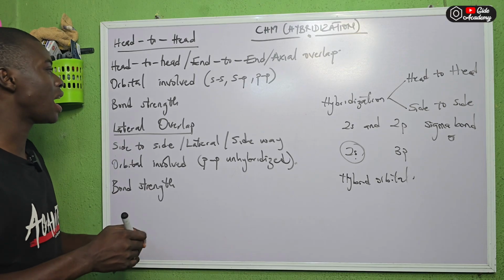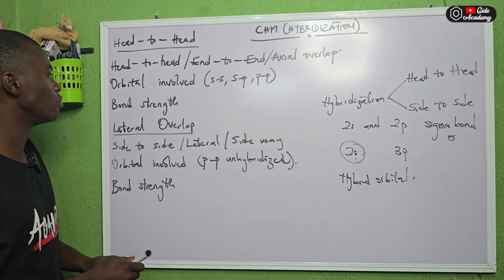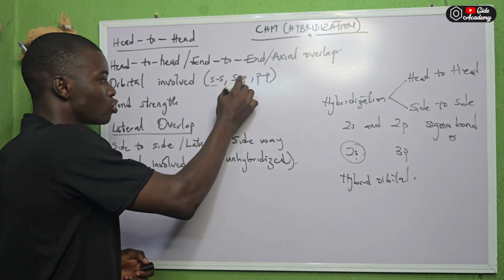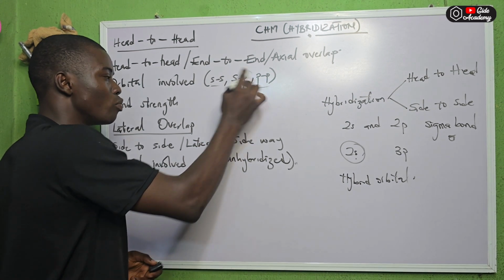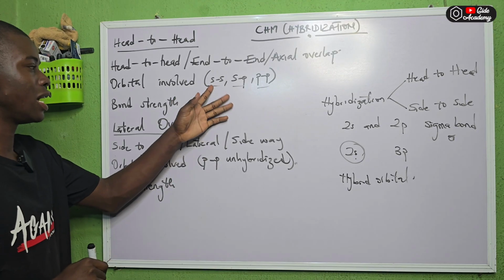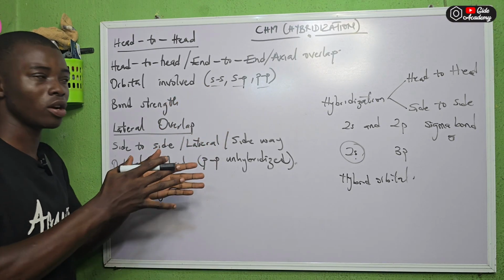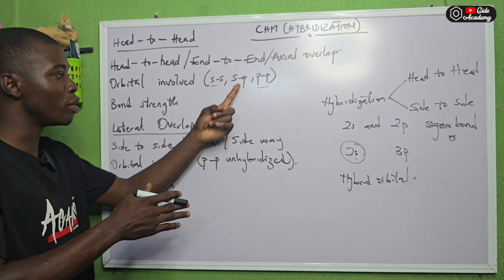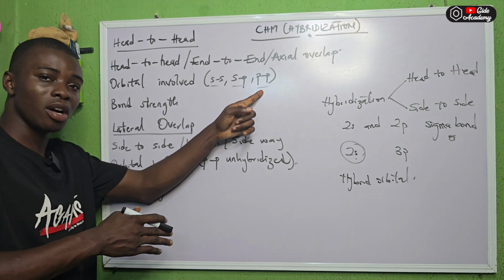The head-to-head, end-to-end, or axial overlap will always lead to a sigma bond. The kind of orbitals involved are usually s to s, s to p, and p to p. When I say s to s, your mind should go to the s block in the periodic table, s block to p block, and p block to p block.